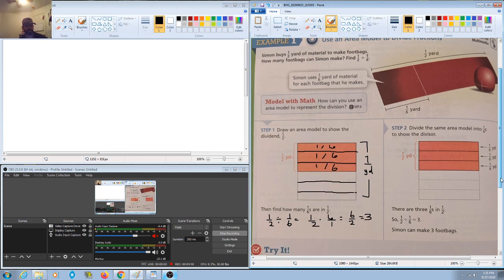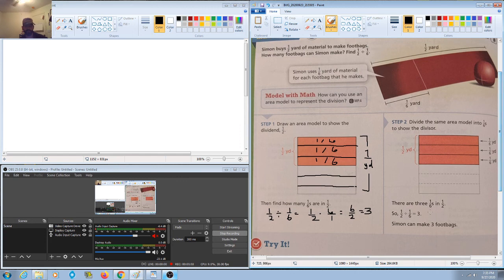Now, if you were to see it in the different format that we looked at last time, if we had 1/2 divided by 1/6, this is again our complex fraction form. We're still going to do the same thing, but again, we're using that multiplicative identity of 1.